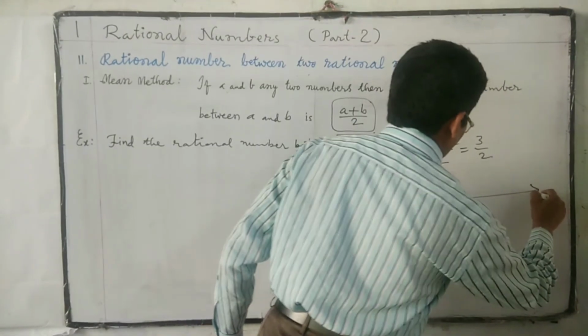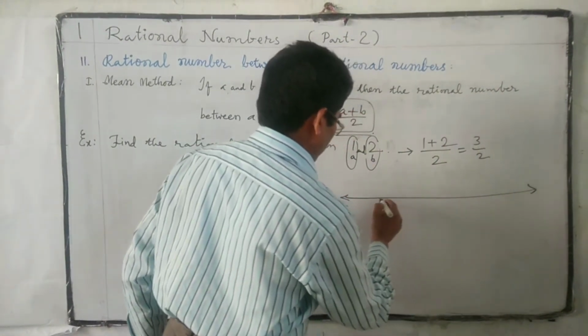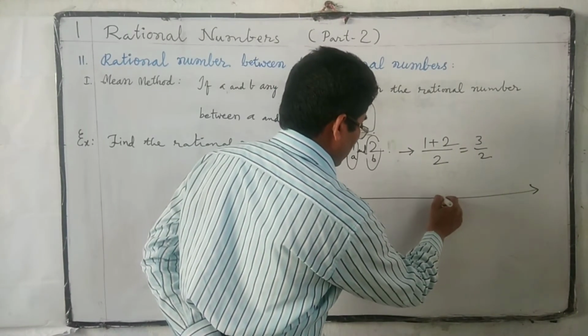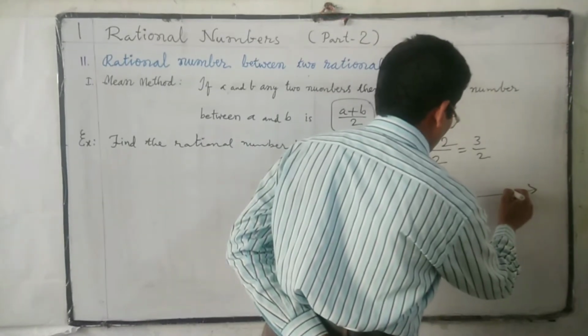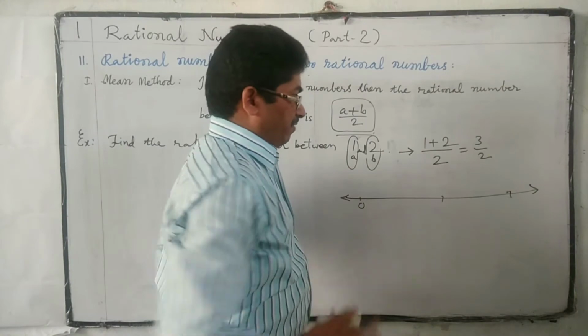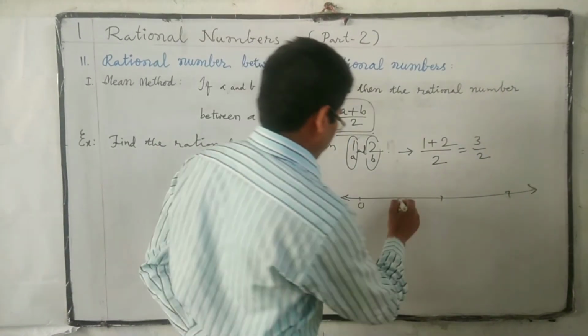We can show this on number line: 0, 1, 2. Divide each unit into two equal parts.